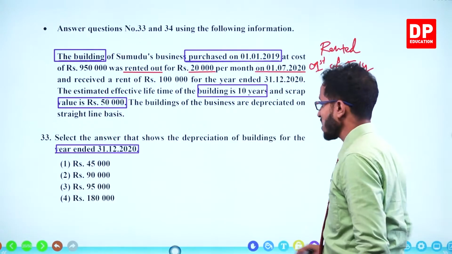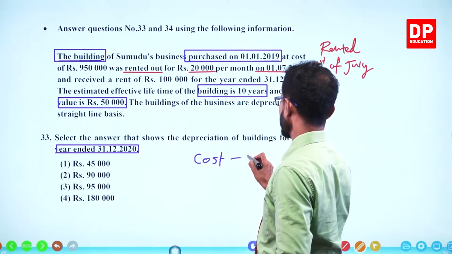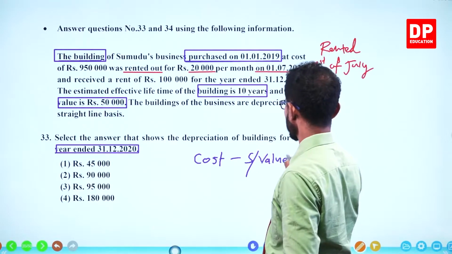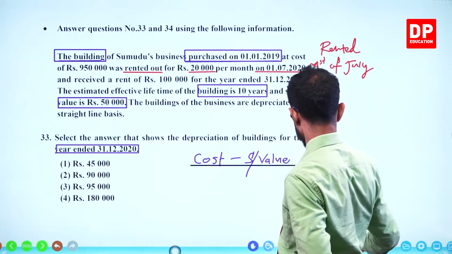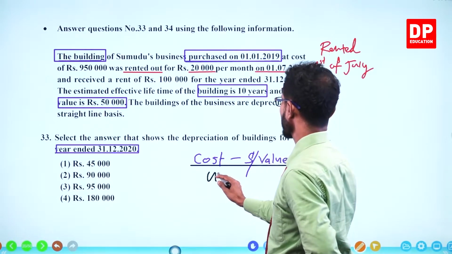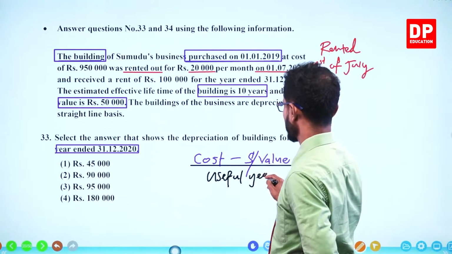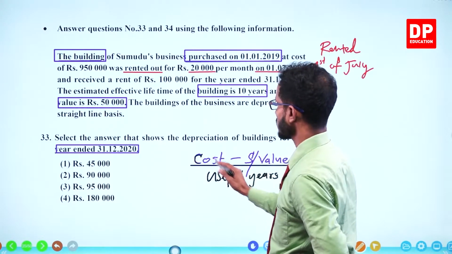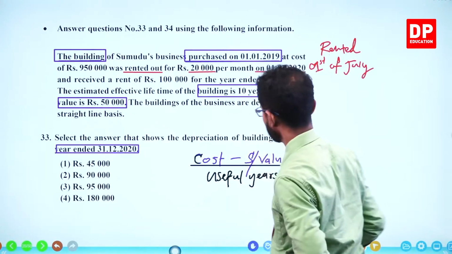How do you calculate depreciation? Cost minus scrap value divided by useful years. What is the cost? Cost is 950,000.